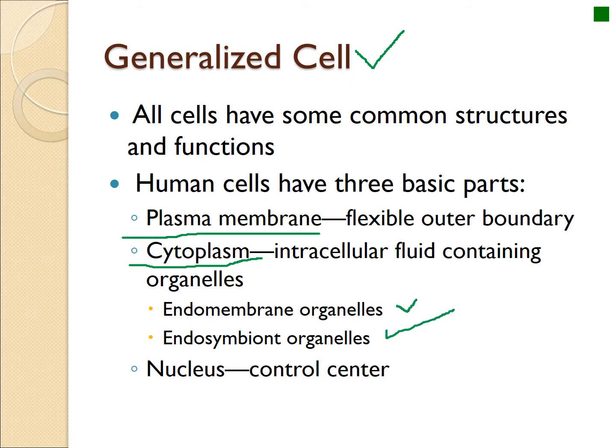We'll learn about those a little later, and there are two types of organelles we'll see, endomembrane and what are called endosymbiote organelles. And within the cytoplasm too is this complex structure of proteins called the cytoskeleton that interacts with the organelles and with what we call the intracellular and extracellular environment.